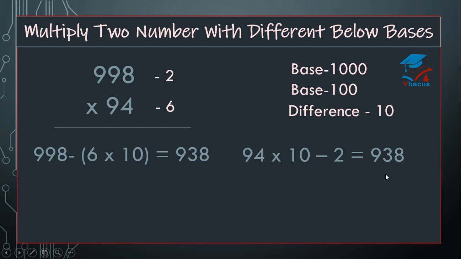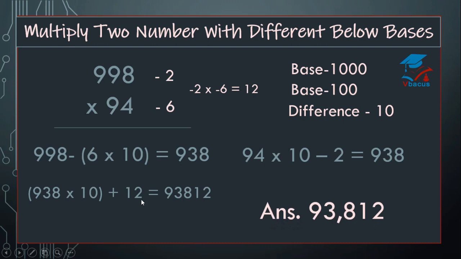Again, you will get 938. Now multiply minus 2 times minus 6. That will become plus 12. So 938 times 10 plus 12 is equal to 93,812. So this is your final answer.